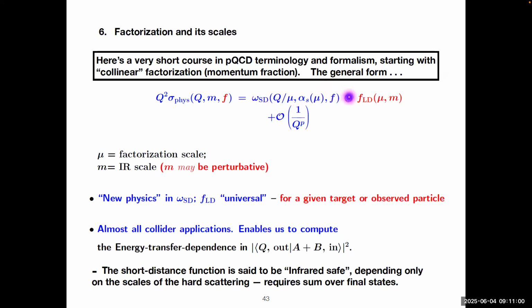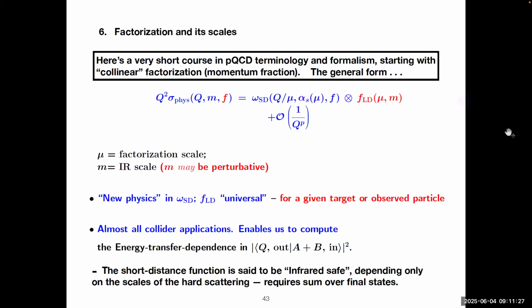We have a short distance part we can calculate times a long distance part, which we can't. This is in deep inelastic scattering. This is the parton distribution as a function of some variable that we integrate over. And then this omega here is the partonic cross-section, or if we're talking about form factors, it's the partonic form factors.